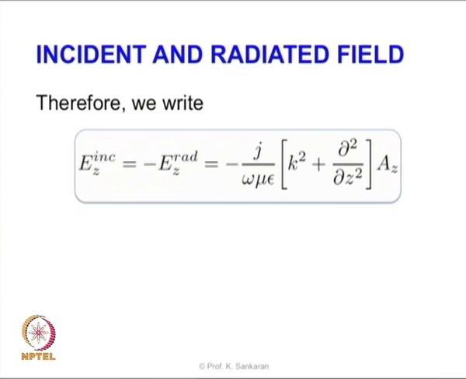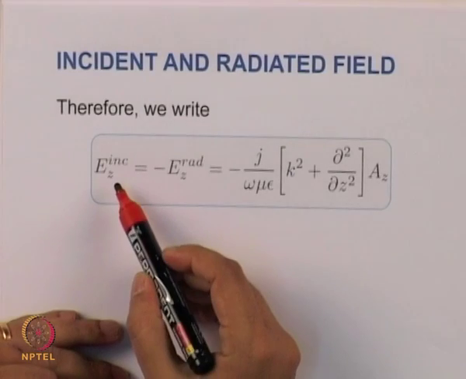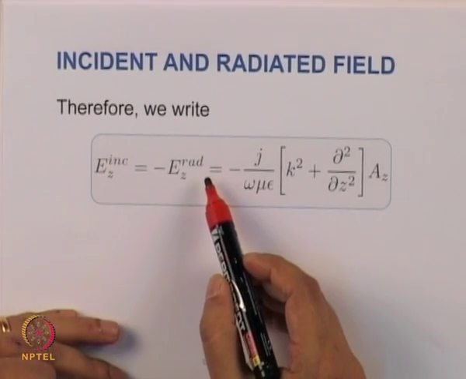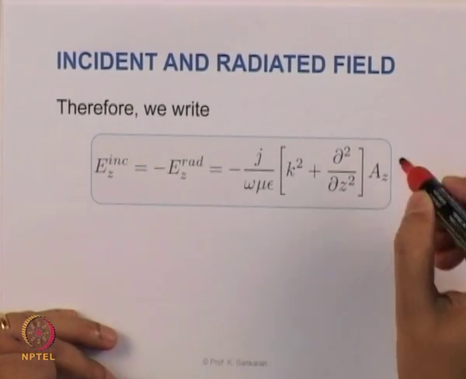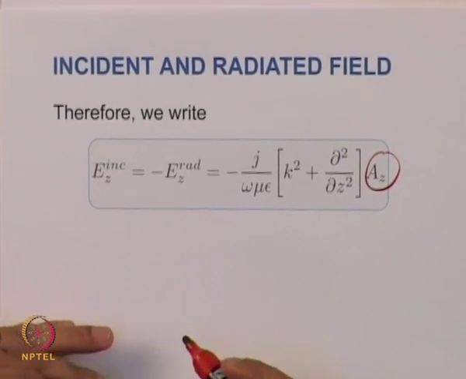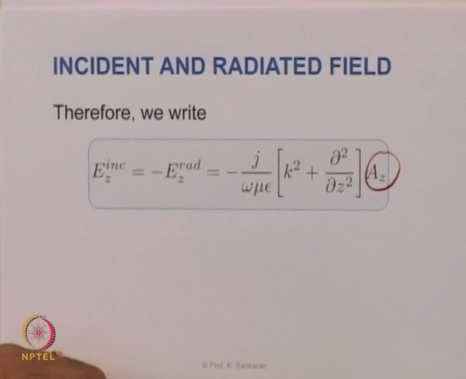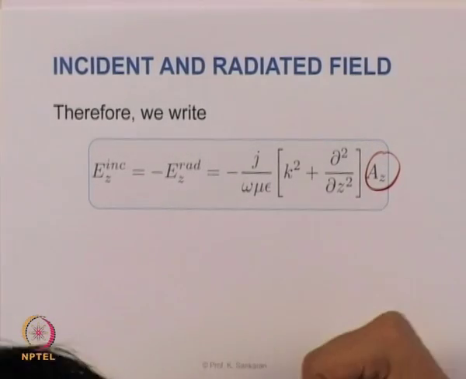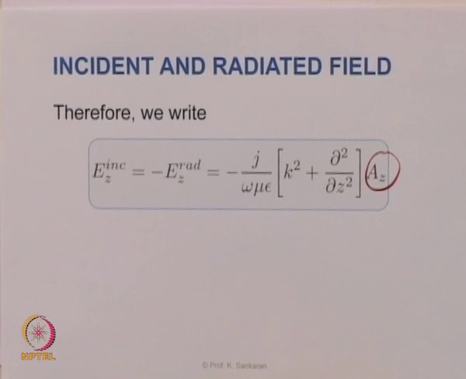So what we have essentially got is an expression for the incident and the radiated Ez field purely in terms of the magnetic vector potential, and now we have to integrate this along the z to get the value for the total electric field. So that is what we are going to do now.